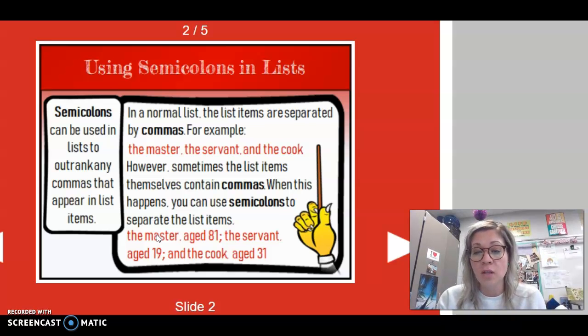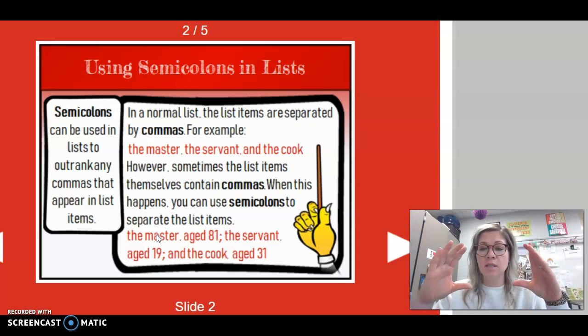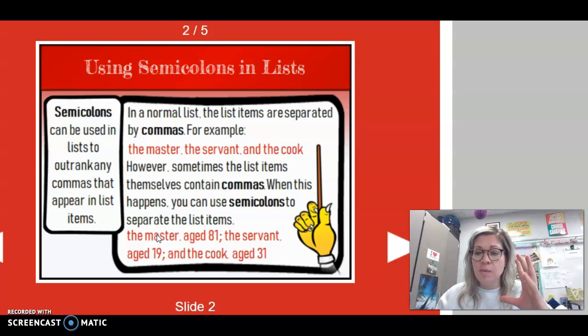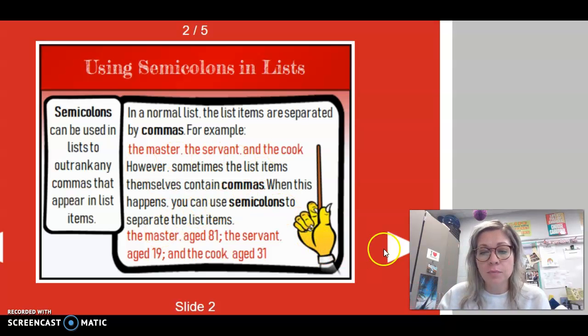So if you were listing a lot of cities and states, there would be a lot of commas in between. In between each city and state pair, you could use a semicolon, again, to keep information more organized. That is one way to use a semicolon, okay? That happens sometimes, but that's probably not the main use of a semicolon.